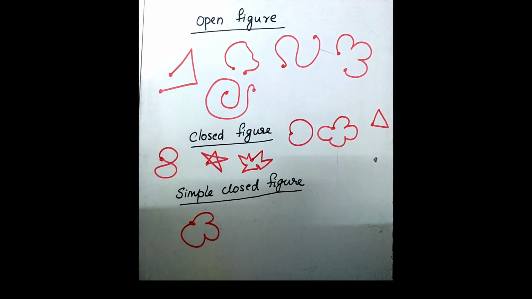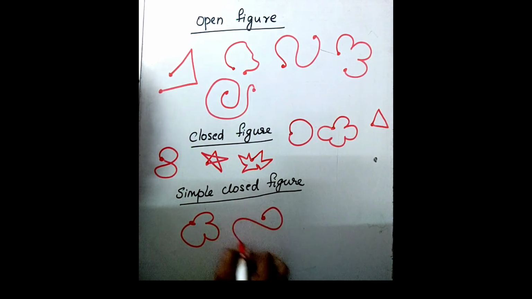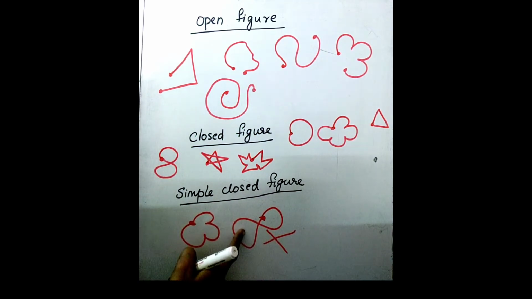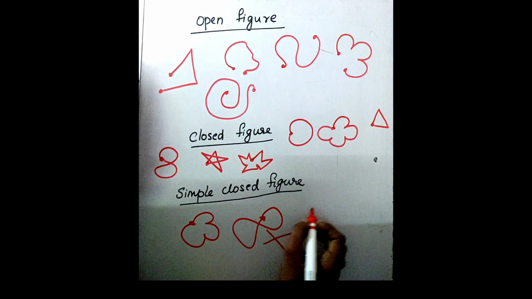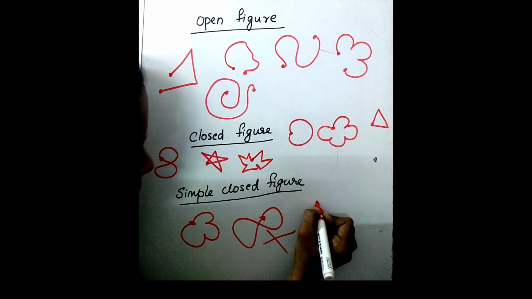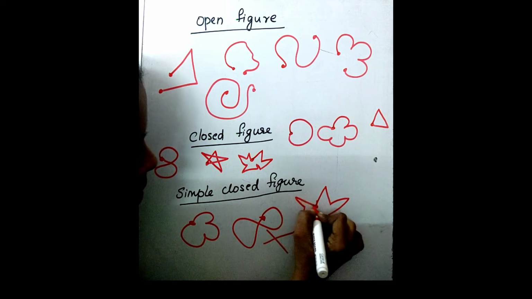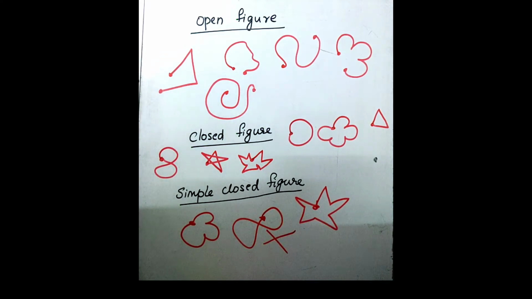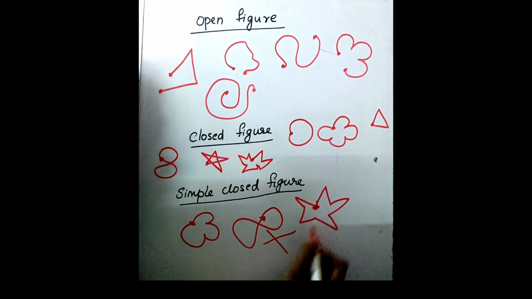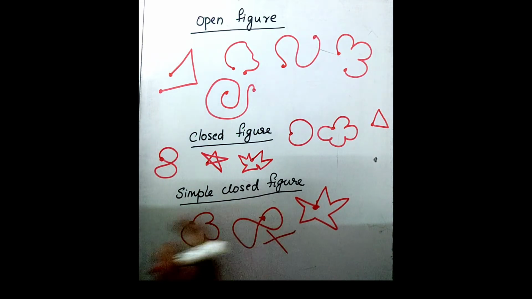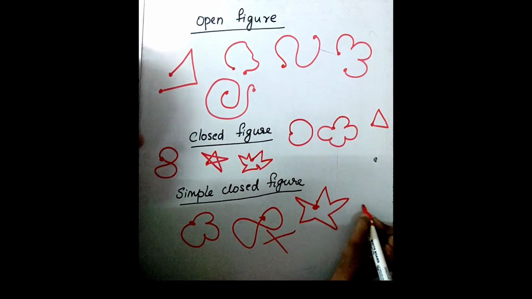This is a simple closed figure. This is not a simple closed figure because it has crossed the figure. This is a simple closed figure because starting and ending point are the same and the figure does not cross itself.